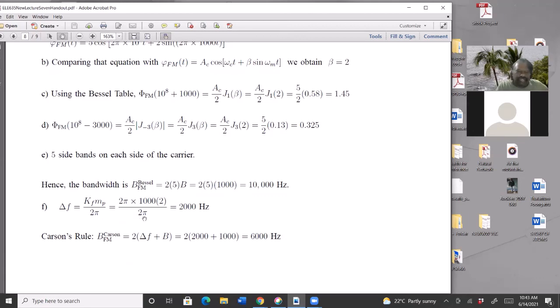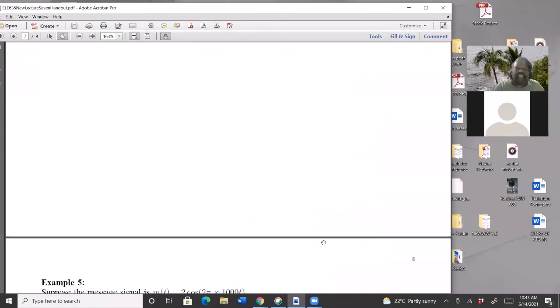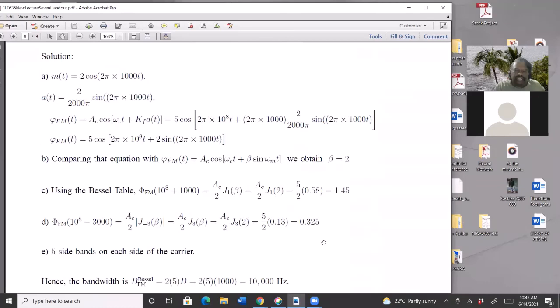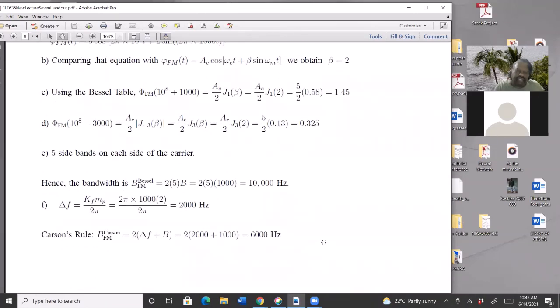This calculation is unnecessary, and I am doing this and then arriving at it, but anyway, we get the same answer. So you may want to use beta. Beta is 2. Beta plus 1 is 3. There is a 2 in the formula, so 6B, and B is 1000. So it is 6000.